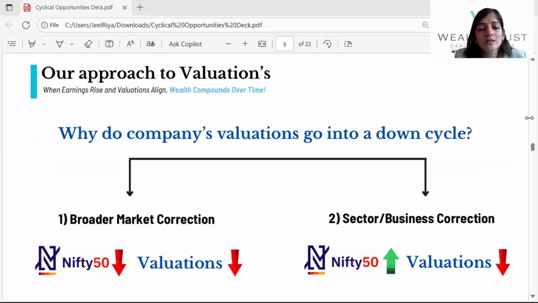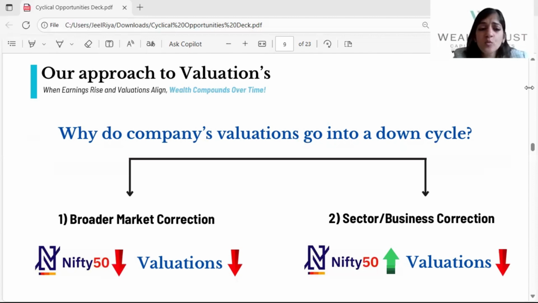Even though valuations are stretched at times, what cycle are you getting into in that company, and is there potential for profit growth plus expansion of valuation because of the underlying sector cycle, or the consumer behavior, or the economic cycle supporting it, and then comes the bottom up. Those two factors have to blend in really well so that you don't fall into a valuation trap, or miss a stock just because it's a very high PE. That's not the idea, at least the way we look at it.